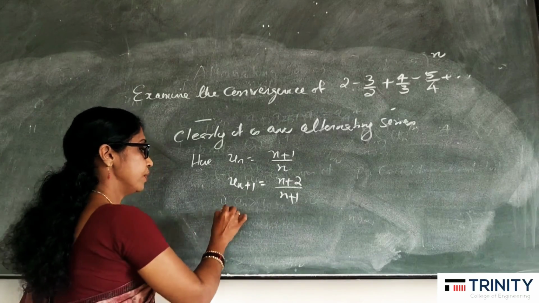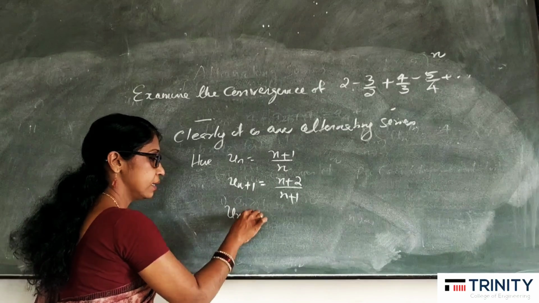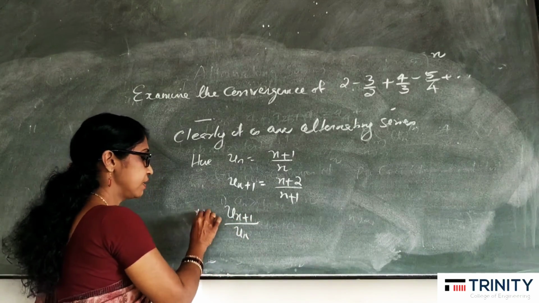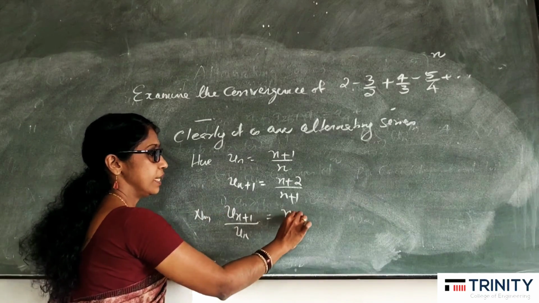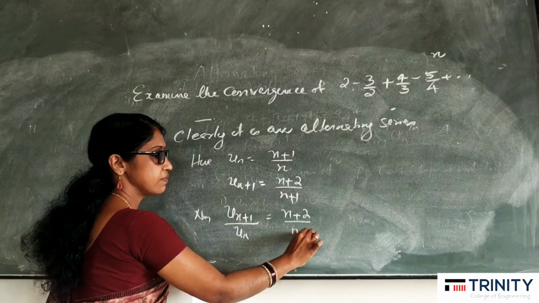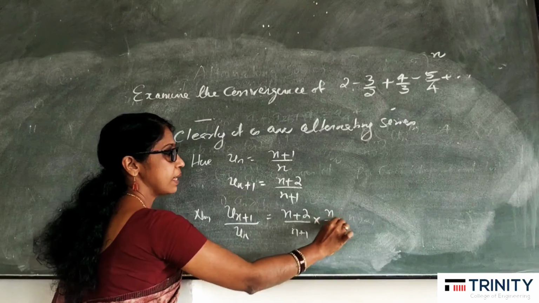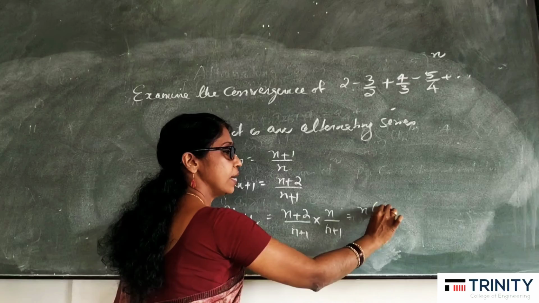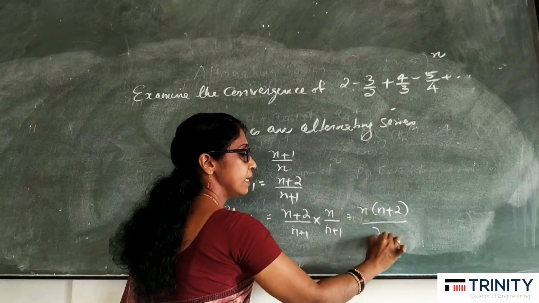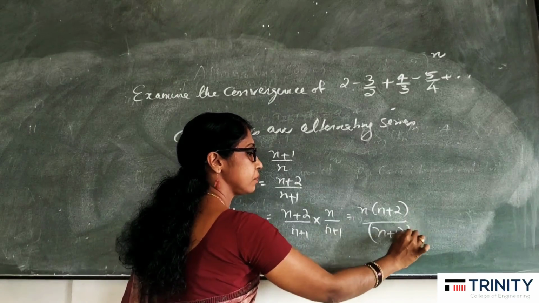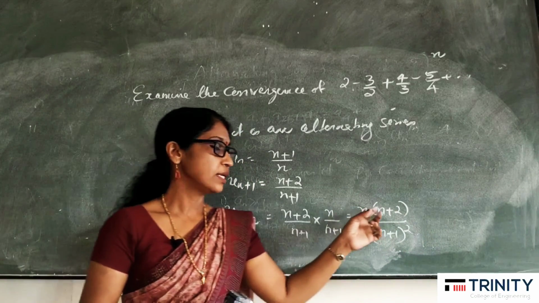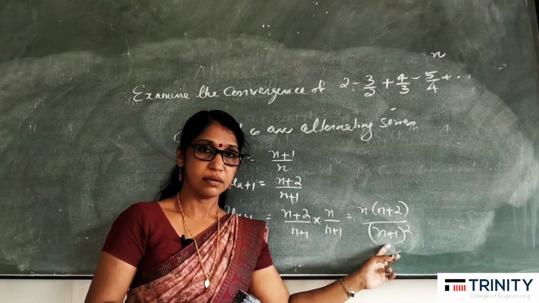So I am dividing u_(n+1) by u_n. u_(n+1)/u_n is equal to (n+2)/(n+1) times n/(n+1). This is equal to n(n+2)/(n+1)^2. Here n(n+2) is n^2 + 2n, and the denominator is n^2 + 2n + 1, so the denominator is the bigger one.